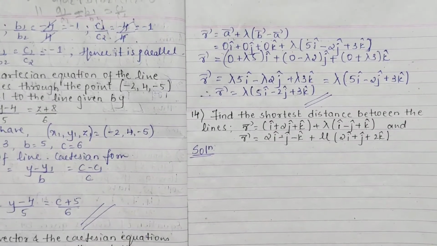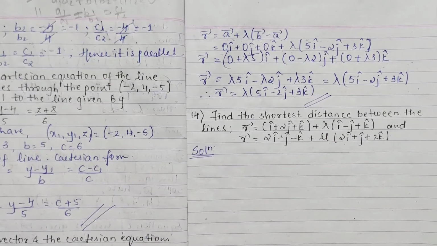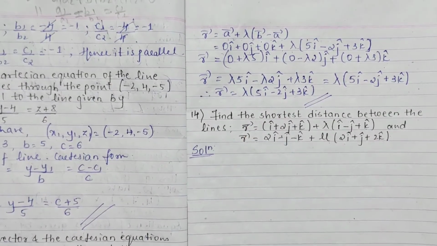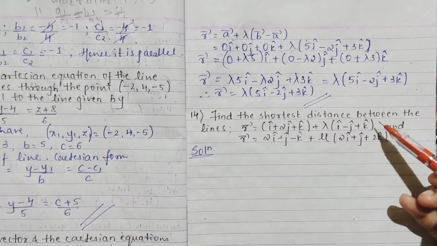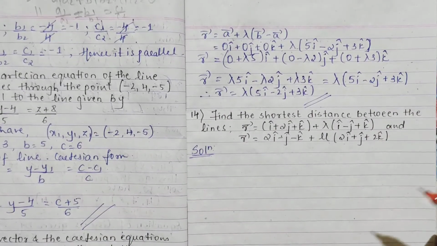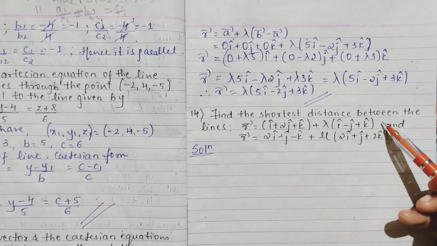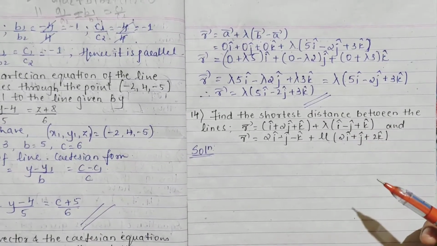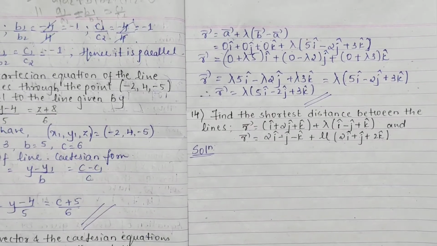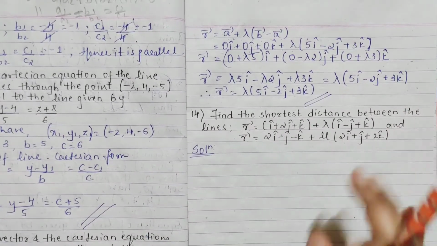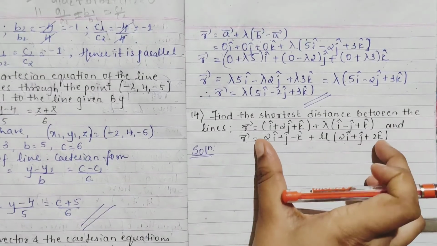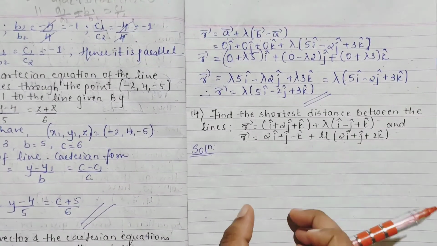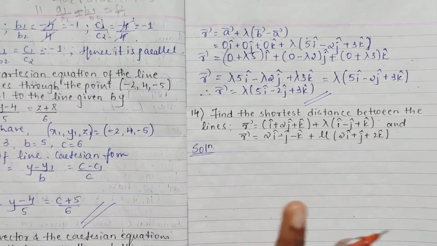Here there will be confusion for shortest distance between skew lines and parallel lines. For skew lines you will have b1, b2. For parallel lines you will have vector b, which means it will be the same. If both are the same, it should trigger in your mind that you have to use the formula for the distance between two parallel lines. If these are not the same, you have to consider the skew lines formula. Okay, simple.